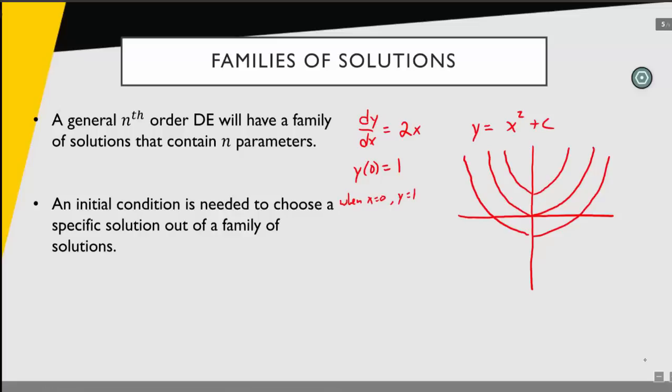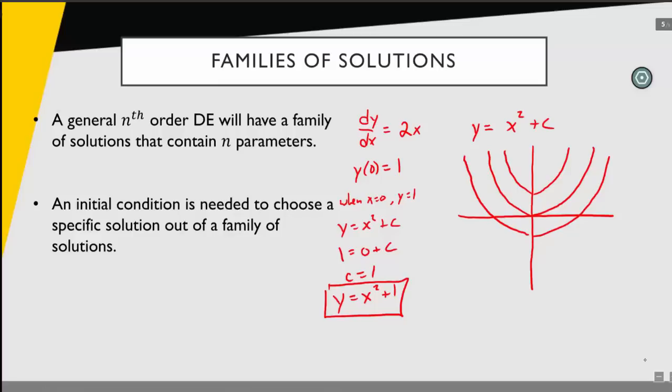If I use these values in my general solution, y equals x squared plus c, but y is 1 when x is 0. That means that c must be equal to 1. That tells me that the specific solution that not only satisfies the differential equation, but also satisfies the initial condition is y equals x squared plus 1.